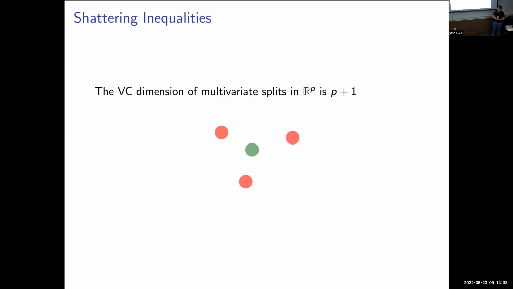In 2 dimensions, when you lay out 4 points in a plane, it's always going to be the case that either one point is perfectly enclosed within the others, it lies in their convex hull, or if this is not the case, the 4 points are the corners of a quadrilateral, in which case you can paint the points like this, and they're not able to be linearly separated. So this is just going over a little bit of VC theory.